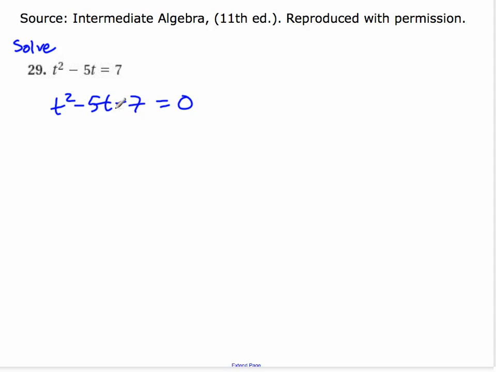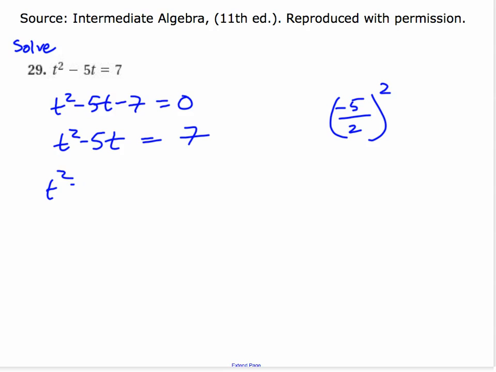So to complete the square, since I can't factor this, I'll move the 7 back. What you want to do is get everything on the left-hand side, just the t's, numbers on the other side. Then you divide this term by 2, so take -5 divided by 2 and then square it.